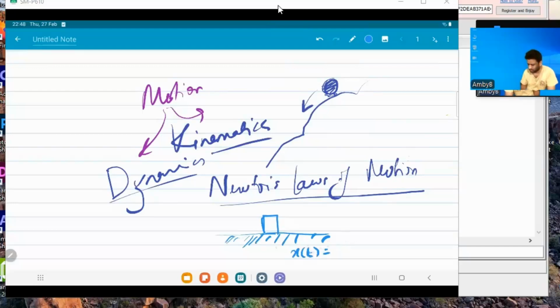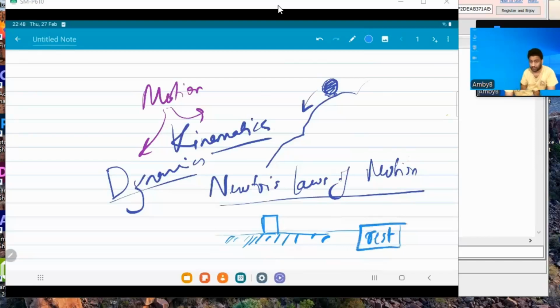Position is constant. Let's say x is here, at minus 5 meters. So the particle is resting at -5. Even this is geometric information of the motion. The particle is not moving. Now in dynamics, what can we say? We can say that the particle is at rest.